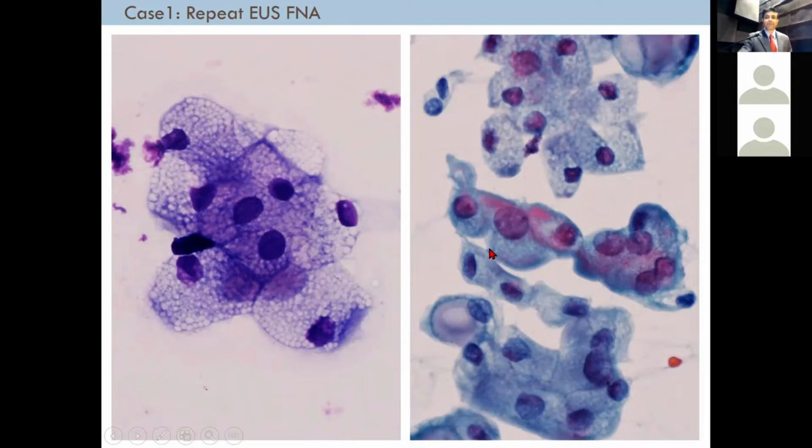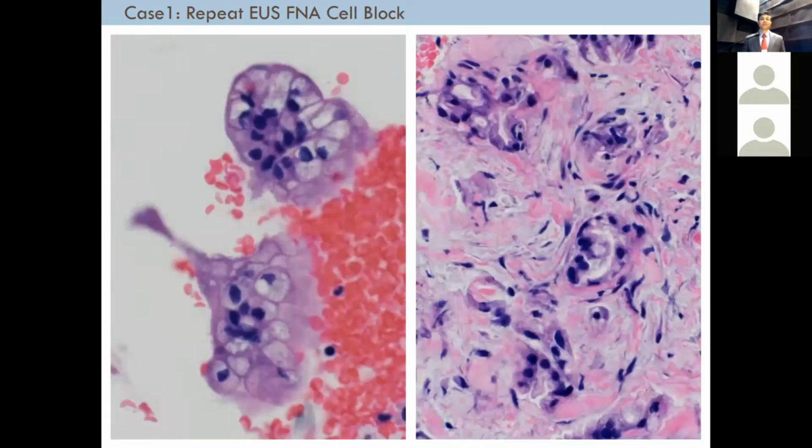The Pap stain smears actually showed a bit more atypia, as you can see, at least focal nuclear atypia is seen over here.